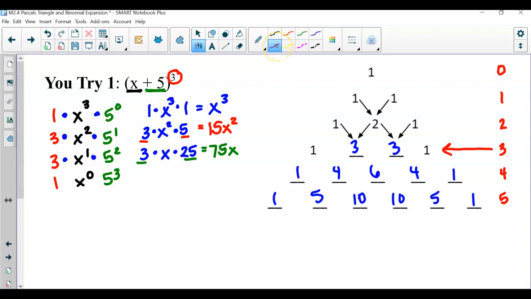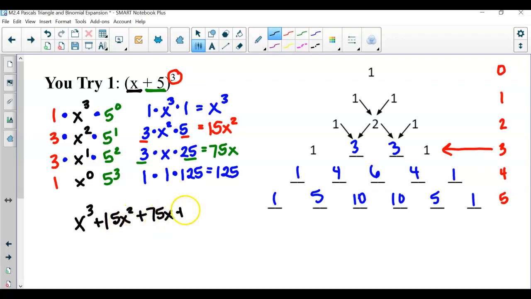So here you've got 1 times anything to the 0 power is 1, times 5 to the third power, which is 125. So really you're just ending with, and you should have gotten 125. So your final polynomial answer is x to the third plus 15x squared plus 75x plus 125.